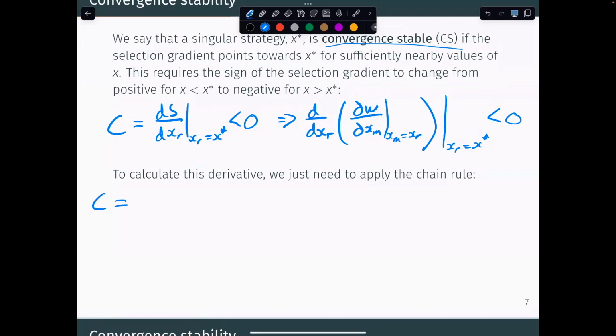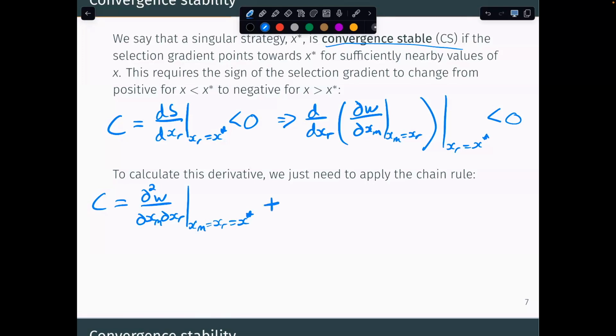If we take this partial derivative and differentiate with respect to xr, we get the second order partial derivative with respect to xm and xr. The order of these doesn't matter. These are then evaluated with xm and xr both equal to x star.